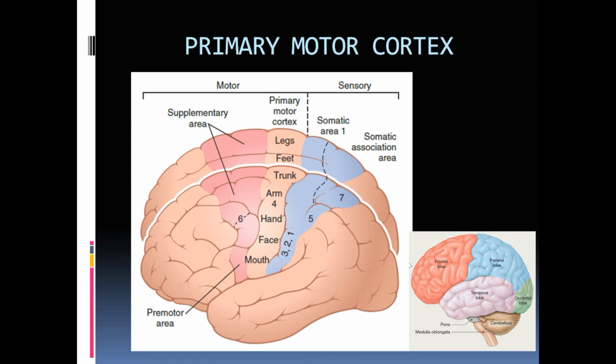That is why the stimulation of this area will cause the movement of the mouth. So understood what is in this area? In this area of the primary cortex lie the cell bodies of the neurons which are supplying these muscles.